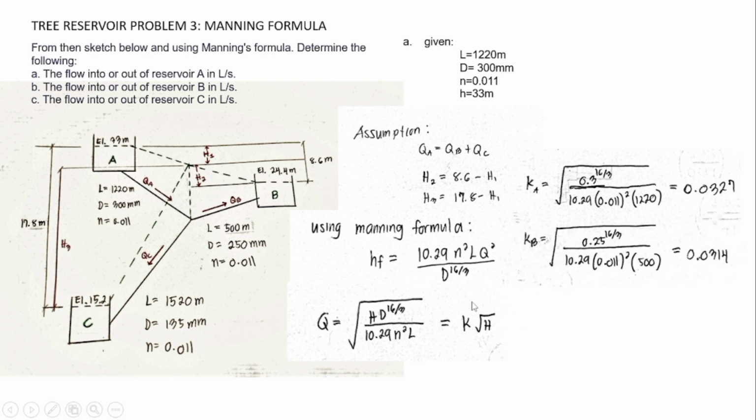Then Kb is the square root of 0.25 raised to 16 over 3, all over 10.29 times the roughness coefficient times the length, which is equal to 500 meters. So Kb is equal to 0.0314. Kc is equal to the square root of 0.135 raised to 16 over 3 over 10.29 times 0.011 squared times the length, which is equal to 1520. So Kc is equal to 3.49 times 10 raised to negative 3.